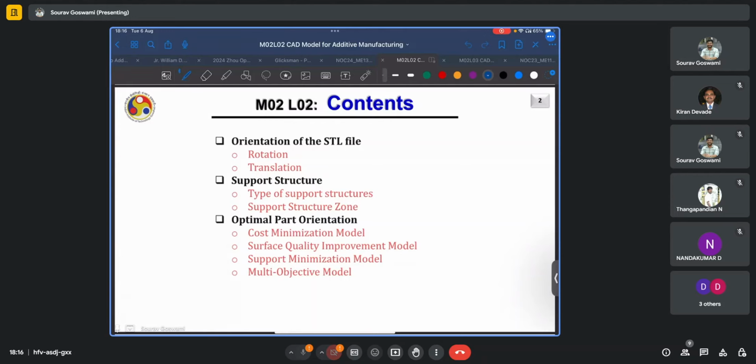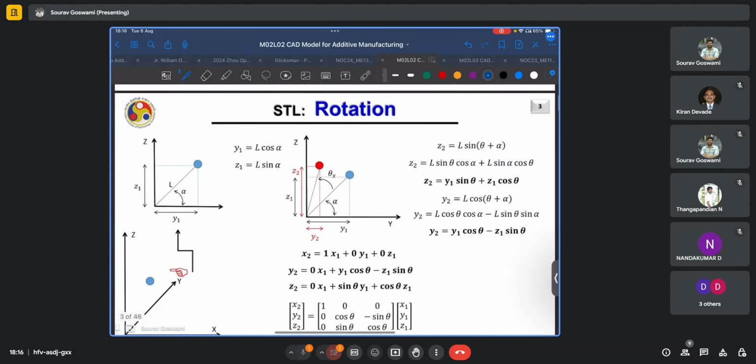And thus we should know what goes into the background of such operations. So we'll be briefly looking at rotation, translation, and the types of support structures, when support structures are needed, what zones they might be required in, judging from a qualitative perspective. And then we'll also see what are some of the optimal part orientation models that are implemented in commercial software.